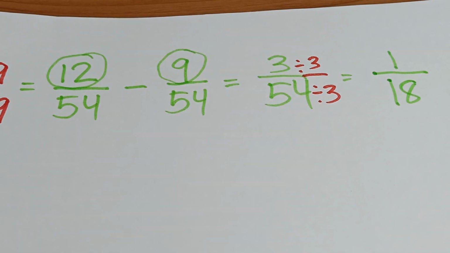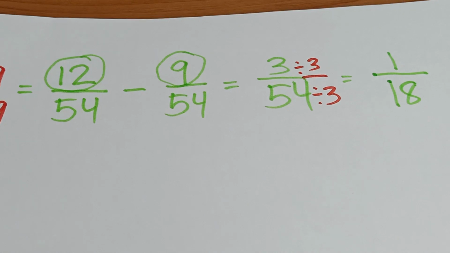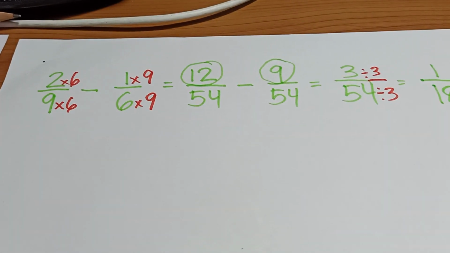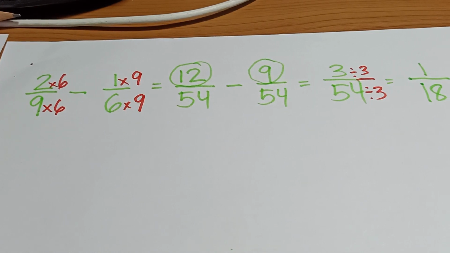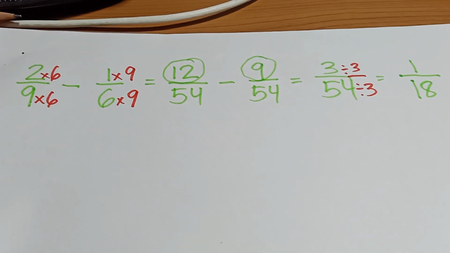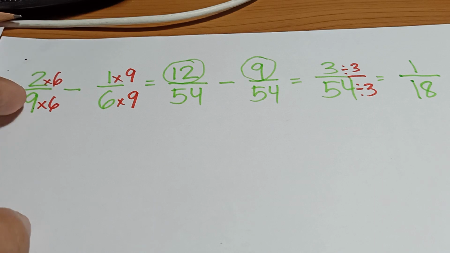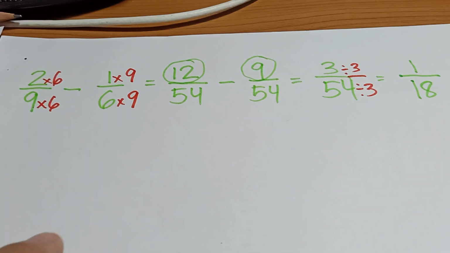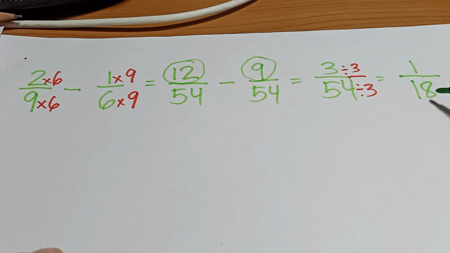So it's 1 over 18. Therefore, when you subtract 2 over 9 minus 1 over 6, the answer is 1 over 18. Did you get that?